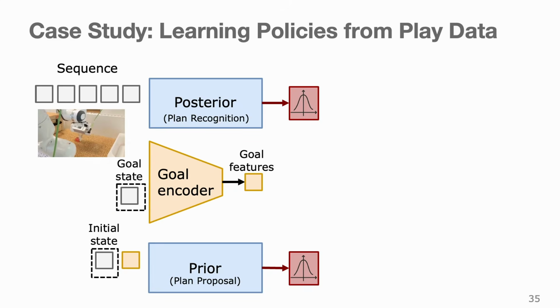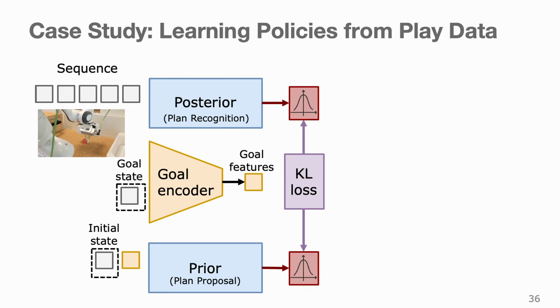So we have here this posterior and this prior. The posterior will take this sampled sequence, recognizing the exact behavior executed, and then the prior, or the plan proposal or sampler, will take the initial and goal state, outputting a distribution over all possible behaviors that connect the initial to the goal state.